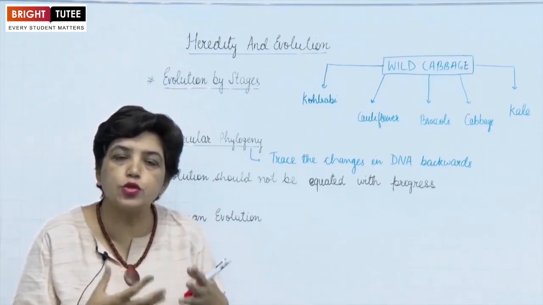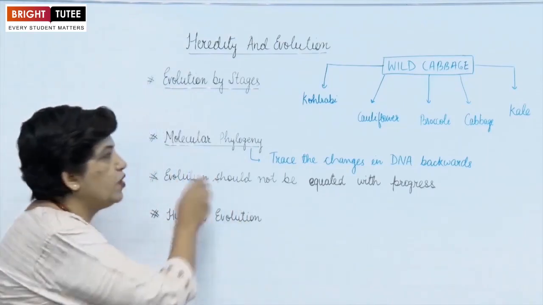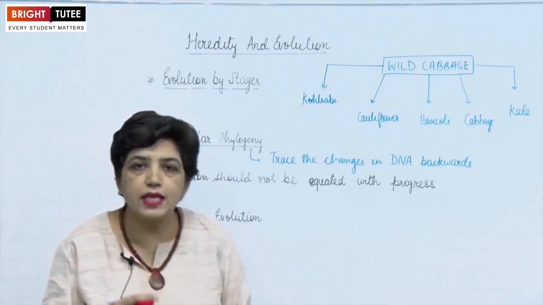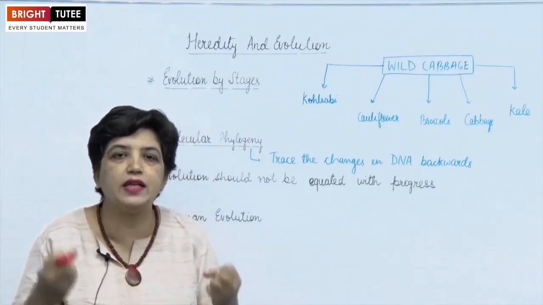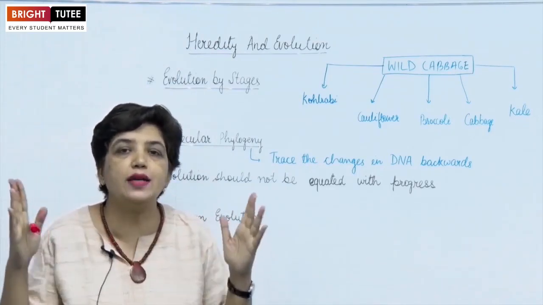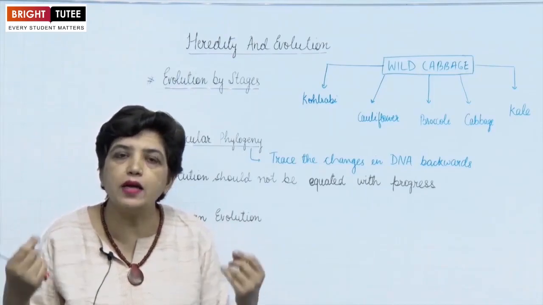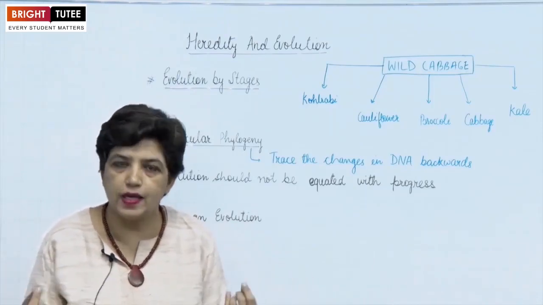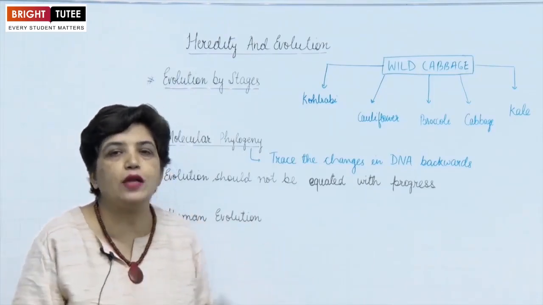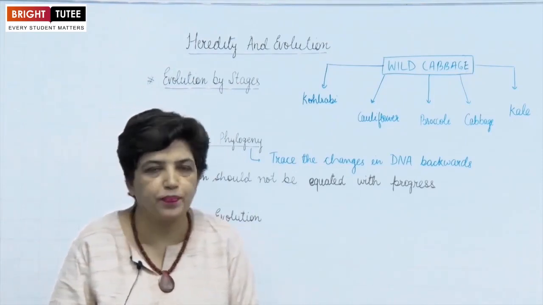This will help us to study the evolution by stages. This is what molecular phylogeny does. It studies the changes accumulated in the DNA over the generations. If two species are distantly apart, if they are not related at all, there will be a higher number of differences in their DNA. So, molecular phylogeny helps us to study the evolution by stages.